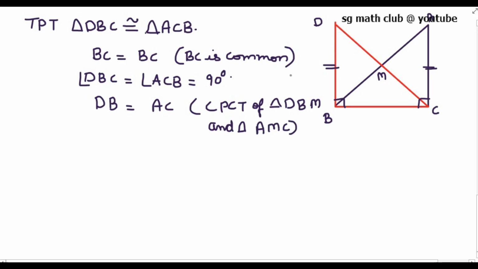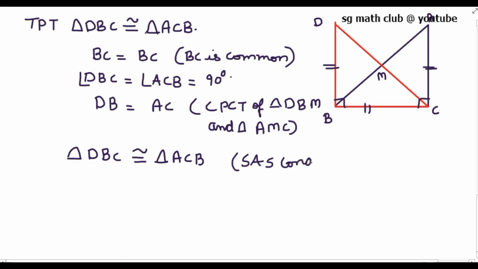So we can say that two sides and one included angle are equal. These two triangles are congruent by SAS congruence rule.